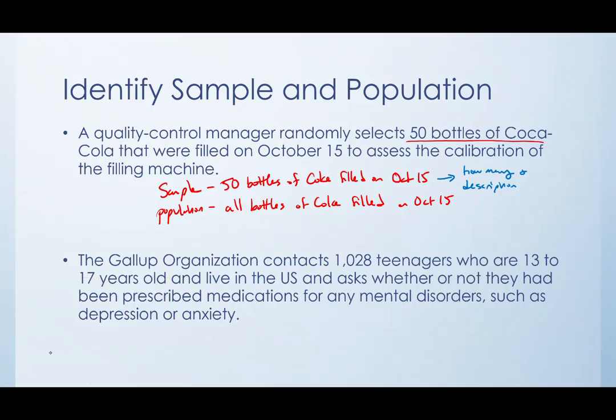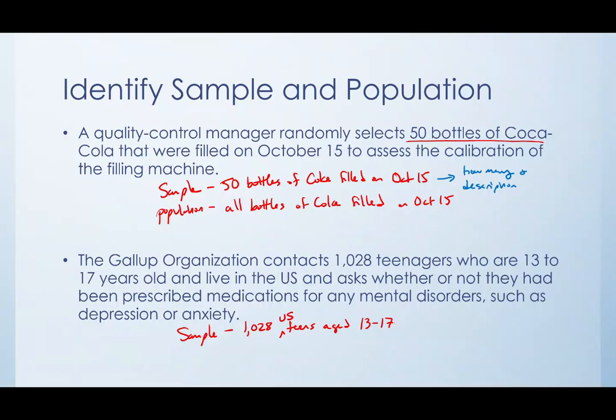Okay. And the second one here, the Gallup organization contacts 1,028 teenagers who are 13 to 17 and live in the U.S. and asks whether or not they had been prescribed medication for any mental disorders such as depression or anxiety. And so again, we can say, hey, what's the sample? It's those that were actually measured or contacted. So this is 1,028 U.S. teens aged 13 to 17, right?